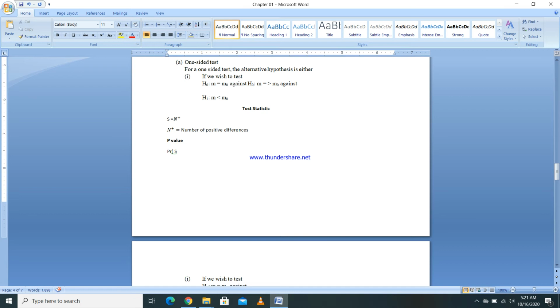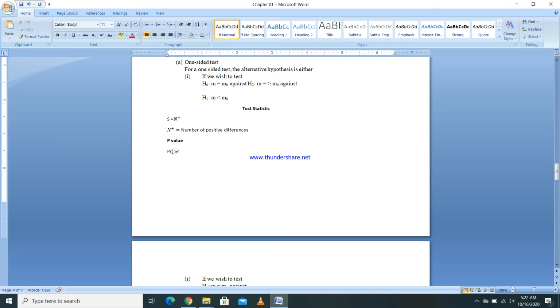So even if h naught is true, that is actually the population median. If you check the number of positives, or the number of negatives, in the other case your test statistic would be the number of negatives. So you have an equal chance to get an equal number of positives and negatives.